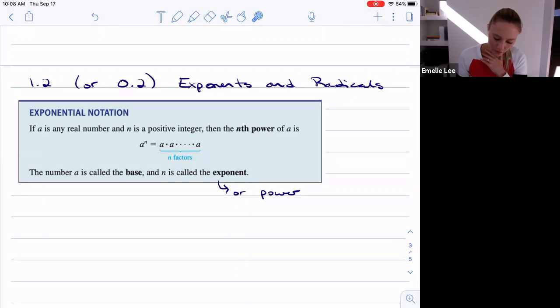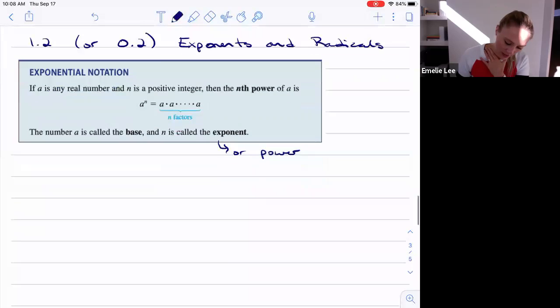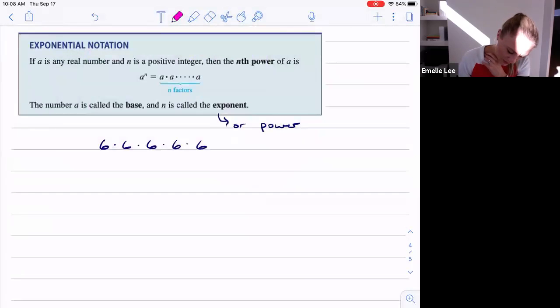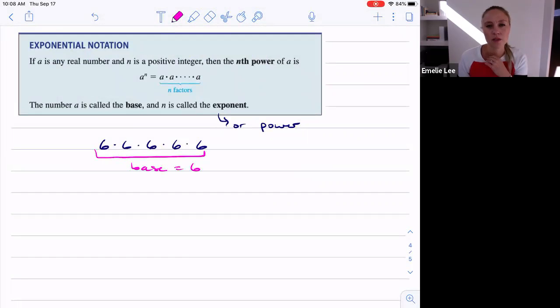If we've got something like 6 times 6 times 6 times 6 times 6, here the base is 6. 6 is being multiplied over and over again.